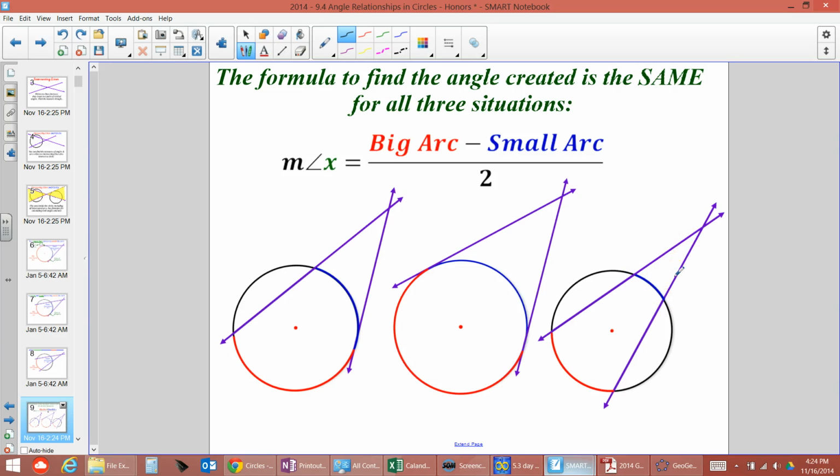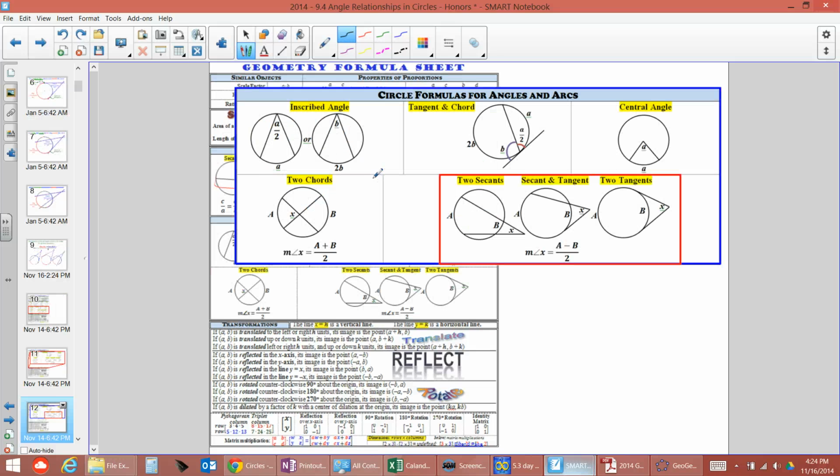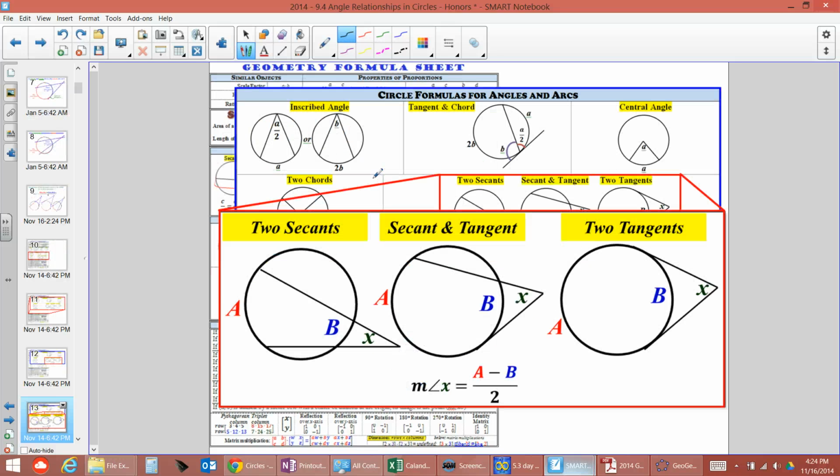Now we can use this. If I know the angle and one of the arcs, I can find the other arc. Again, here's on your cheat sheet, the outside angle. Outside means subtract. Remember, if you're outside the circle, then you have to subtract. Doesn't matter what the situation is. You're going to take big arc minus small arc and divide by 2.